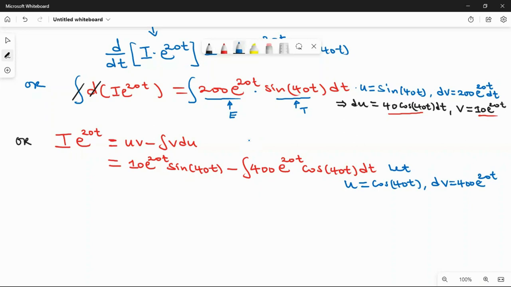So what do we get? You need to differentiate u. This means that du is negative 40 sine 40t dt.